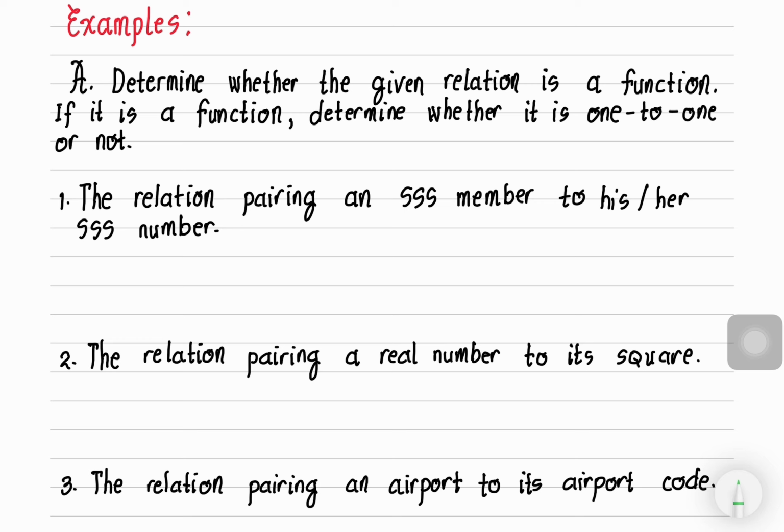So, each SSS member is assigned a unique SSS number. Thus, the relation is a function. Furthermore, two different members cannot be assigned the same SSS number. So, this is a one-to-one function. Gets? Okay, so let me write one-to-one function.